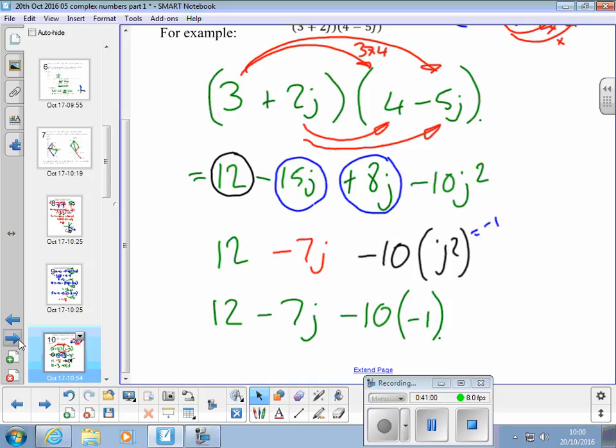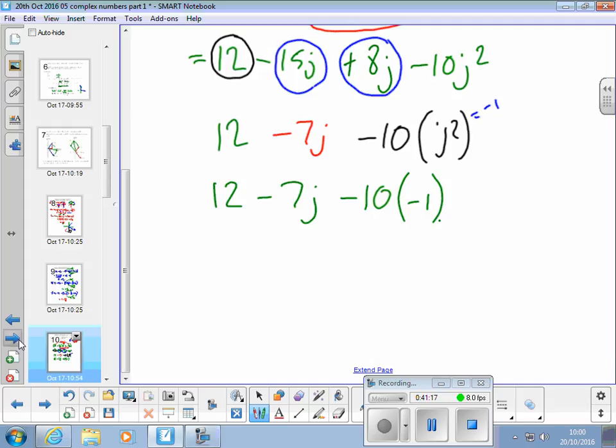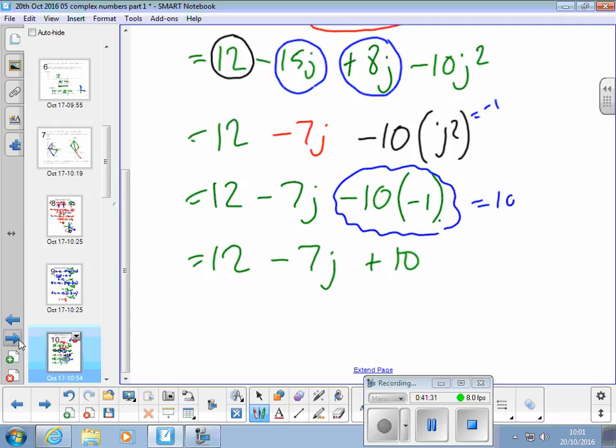You've got minus 15 plus 8 is minus 7, and 12 has stayed on its own for a minute. But what is minus 10 times minus 1? Plus 10. So we have 12, minus 7j, plus 10. Finally our answer is 22 minus 7j.